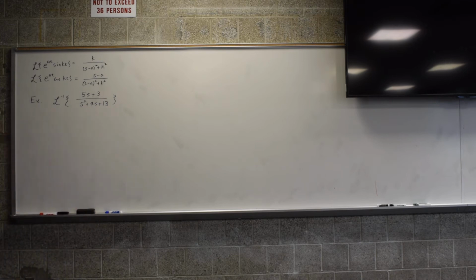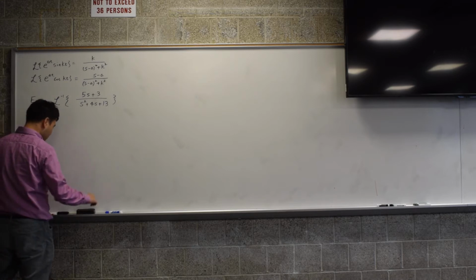Let's think about the following question. This is a good example because after doing this, you'll be able to tackle the ones that have e to the at cosine in there. Okay? Let's try this.